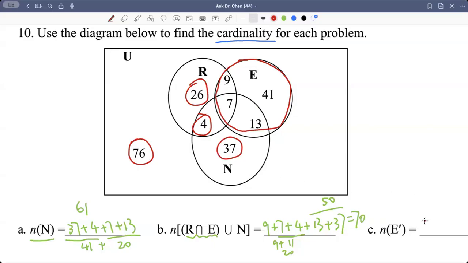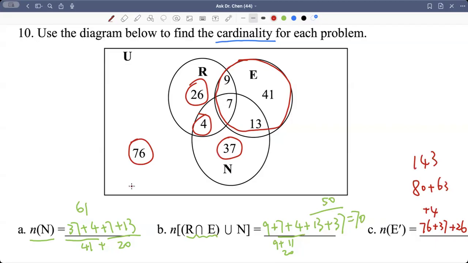So we just add them. 76 plus 37 plus 26 plus 4. 76 plus 4, we get 80. 37 plus 26, 63. 63 plus 80, so 143. So the cardinality of E complement is 143.